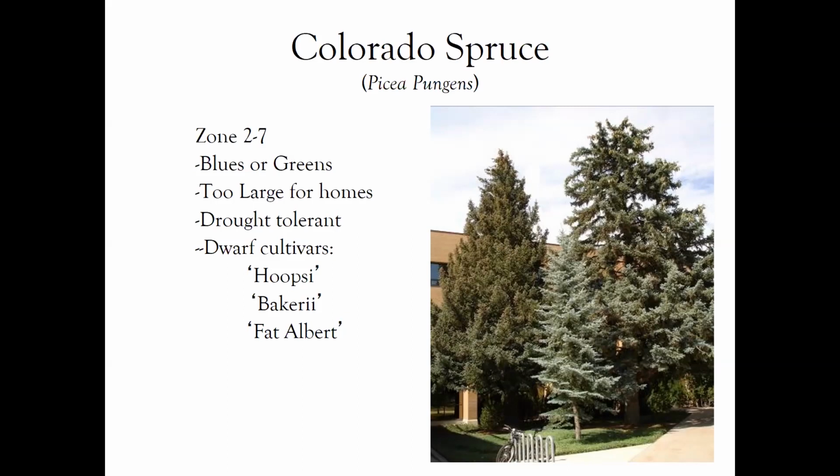There are a lot of cultivars of Colorado spruce, like Fat Albert, for example, which is a very dwarfing, broad spreading tree, grows very slowly. And then Hoopsie and Baker Eye are a couple of other main cultivars there. But there's a lot of them out there. But just be cautious. And for most landscapes, you'll probably want to find some sort of a dwarf version of those.